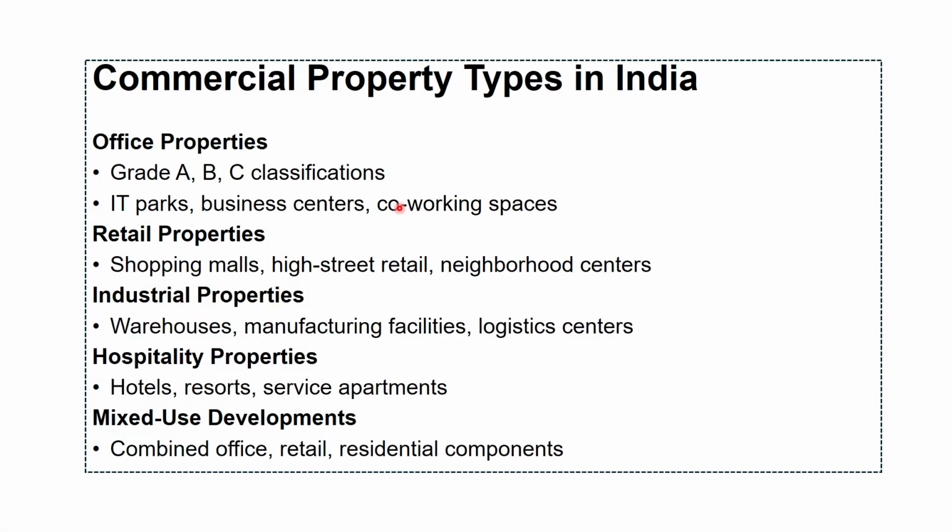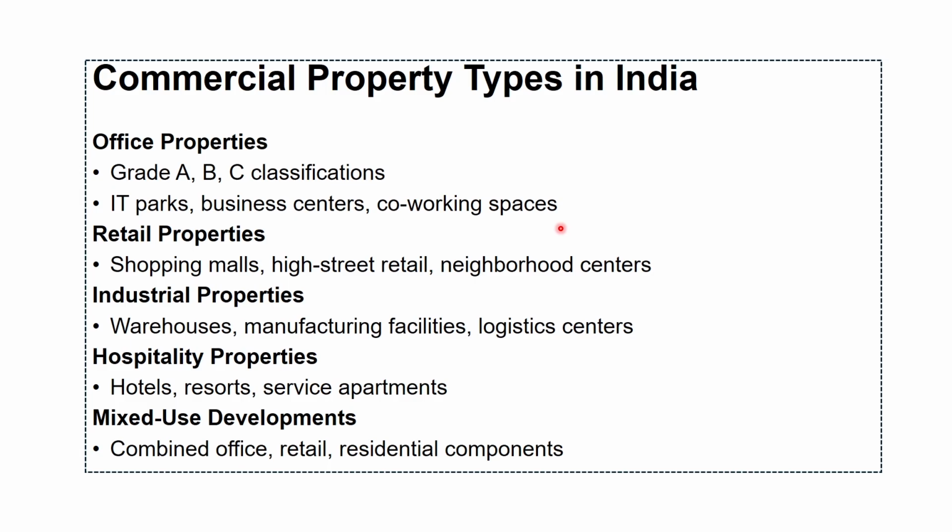the lending authorities. So then we move to commercial property types in India. India's commercial real estate includes office properties, retail properties, industrial properties, hospitality properties, and mixed use development.